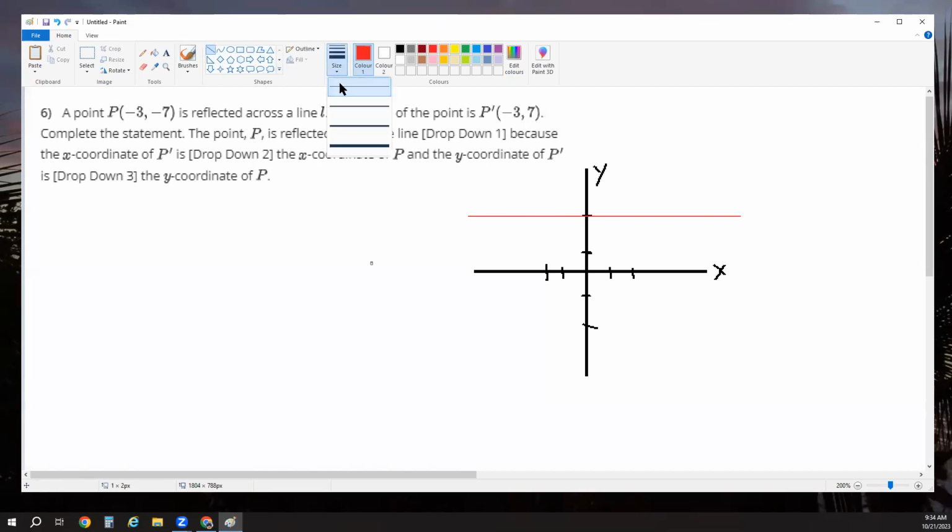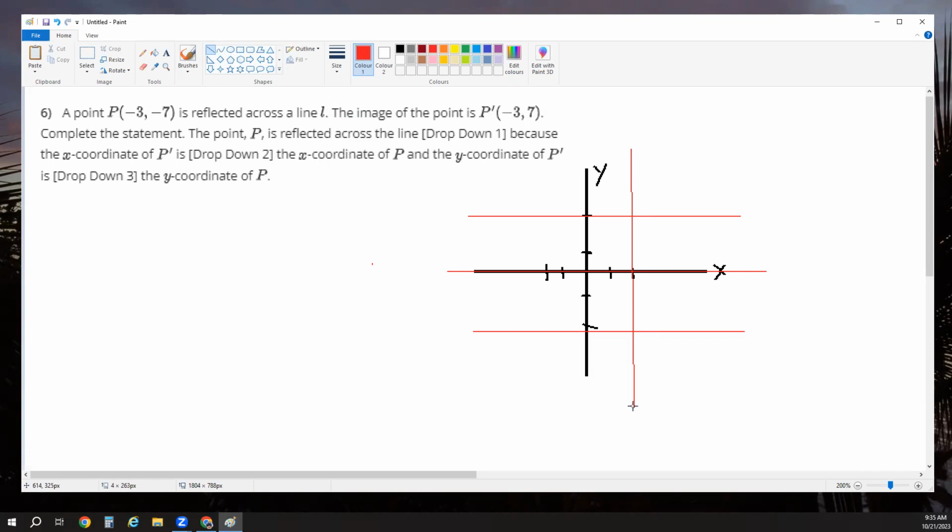If I draw a line down here, that's y equals -2. This is y equals 0. Okay. This is x equals 2, right?